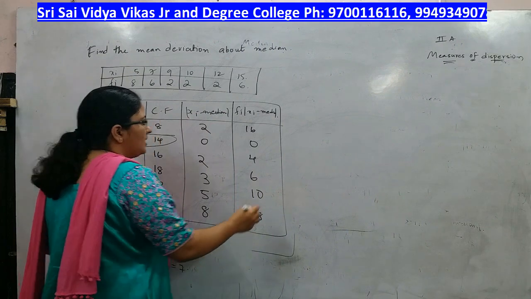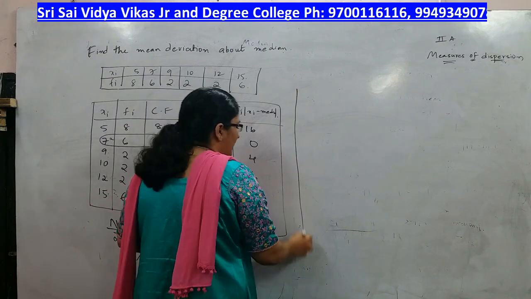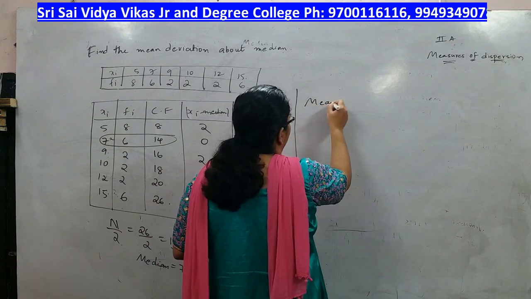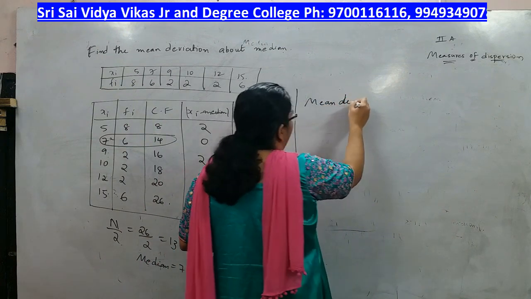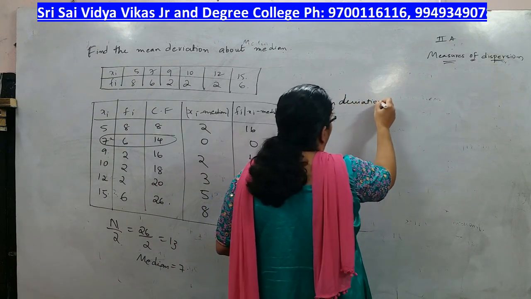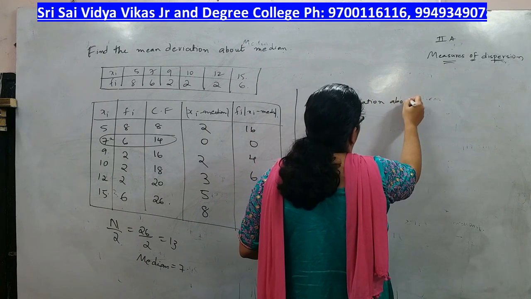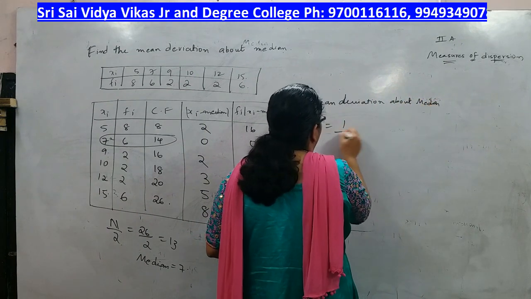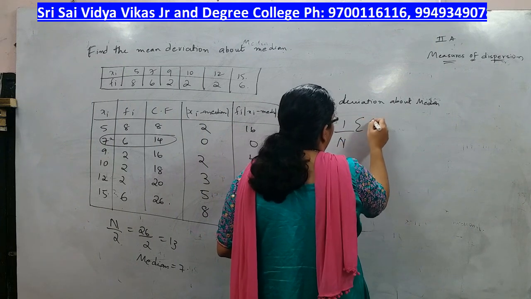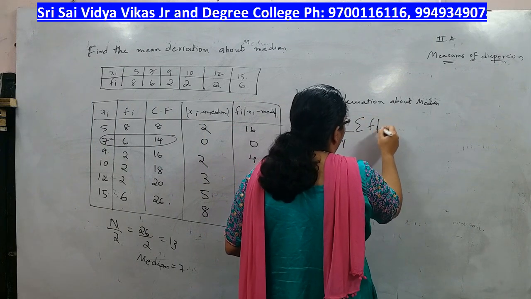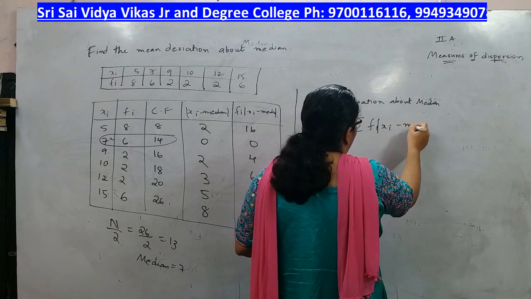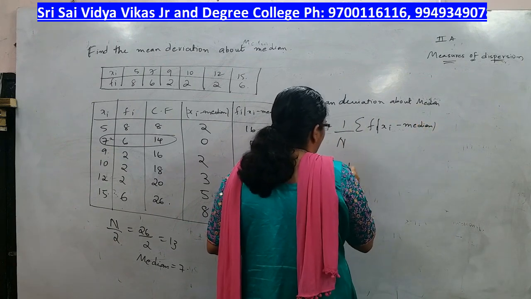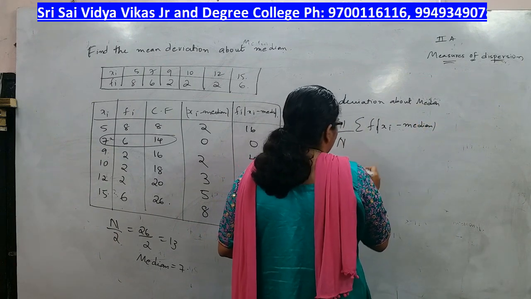So now what is the formula for mean deviation about median? Mean deviation about median is 1 by n summation f into xi minus median, that is equal to 1 by n, value is 26.